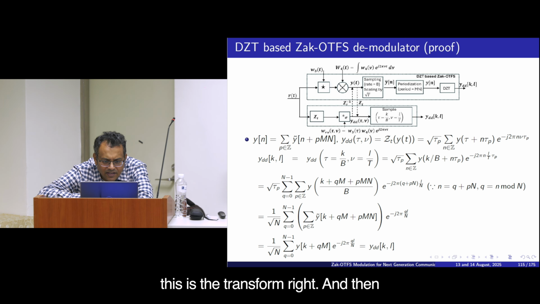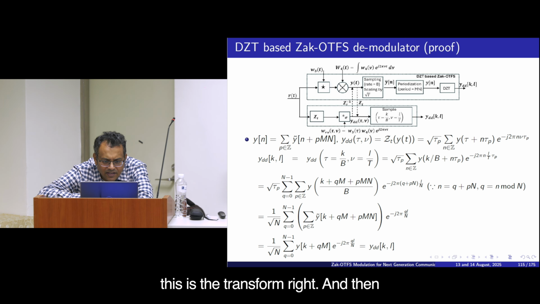Because this capital T is equal to capital N times tau_p. So, the tau_p will get cancelled, only capital N will remain here. So, it will become n times small l by capital N. So, let us remember that. You see this l by capital N here.